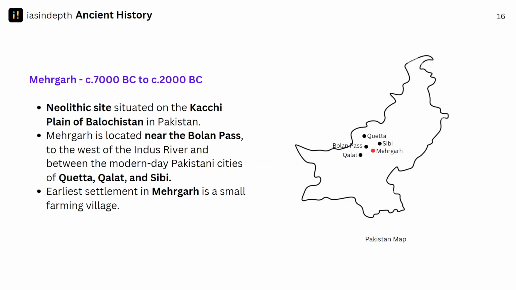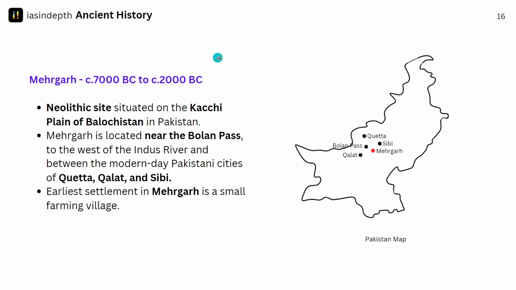Now, one of the most important sites of the Neolithic period is Mehrgarh. This location is considered an important site during the period circa 7000 BC to circa 2000 BC. So I have already told you the Neolithic period range is different in different places.